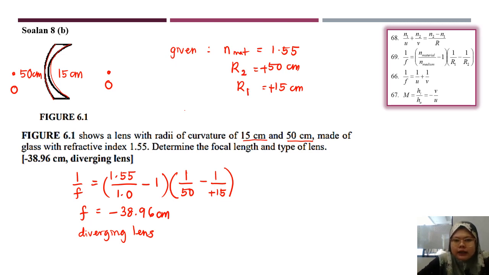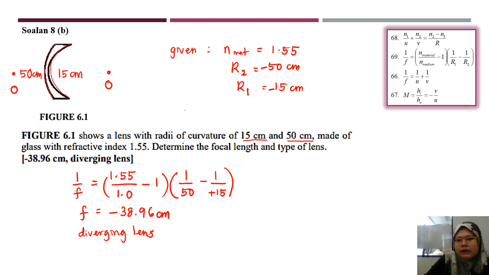Tapi sekarang dia bukan lagi positif, tapi dia akan jadi dua-dua negatif. Sebab apa negatif? Sebab dia facing concave surface. Objek tu facing concave surface, so jadi dia punya R tu akan jadi negatif.